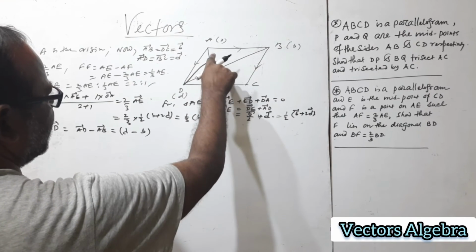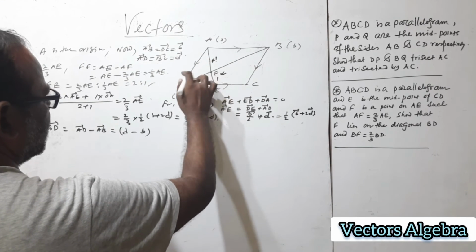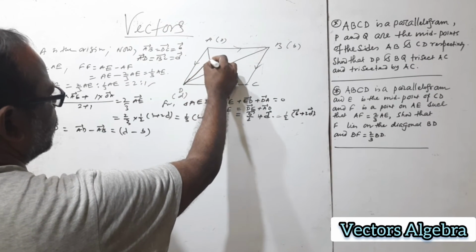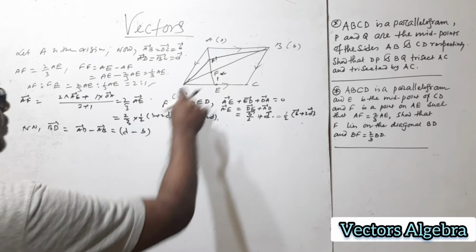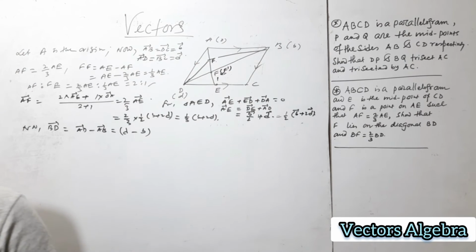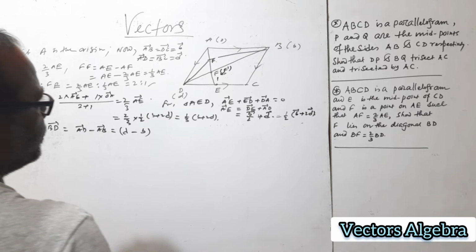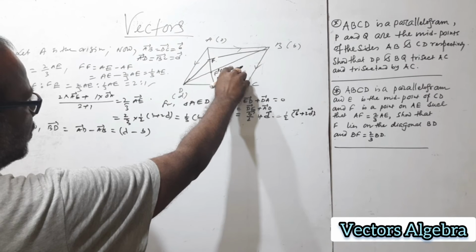Let us assume this is F dash be the defined point. Now you have to show F and F dash are both same. So now we have to find DF and BF dash. This is here F dash and this is here F.